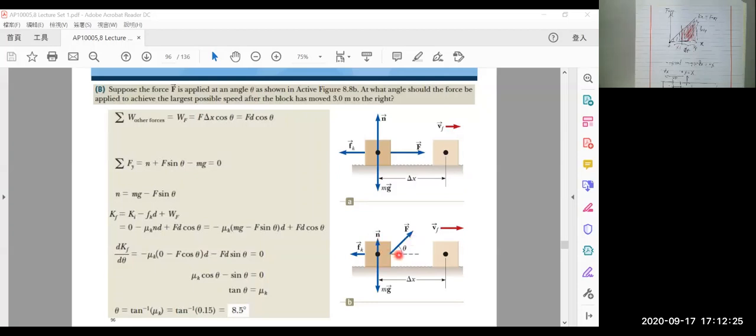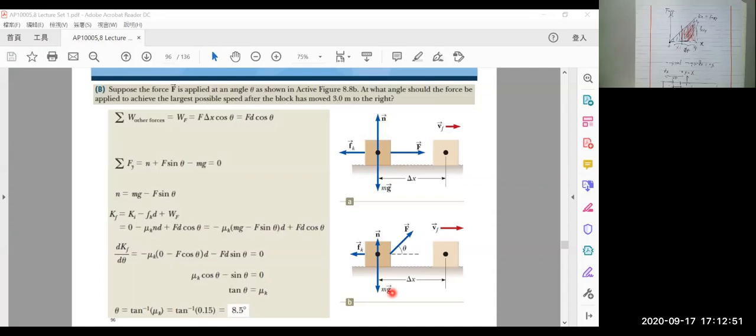You have the horizontal force that, together with the frictional force, causes the horizontal motion. And then the vertical component is partly contributing to overcome the weight of the object.